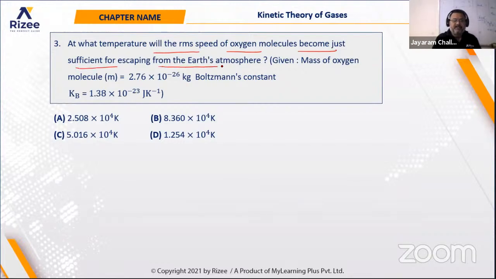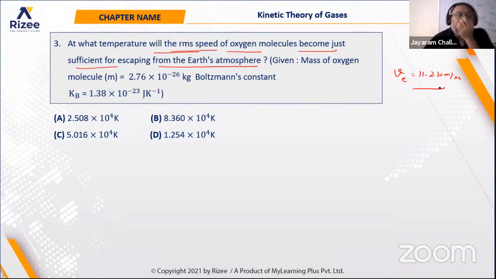Next one, at what temperature will the RMS speed of the oxygen molecule become just sufficient for escaping from the Earth's atmosphere? At what temperature will the RMS speed of oxygen become just sufficient so that it has to escape from the Earth's atmosphere? So the escape velocity of the Earth is going to be 11.2 kilometer per second. This is the value we know.